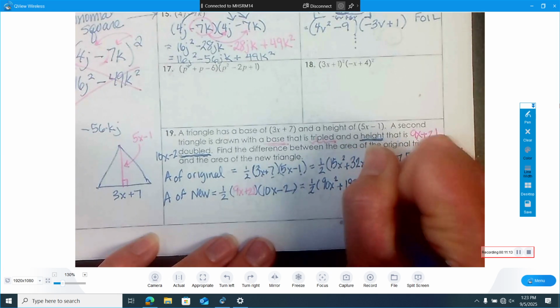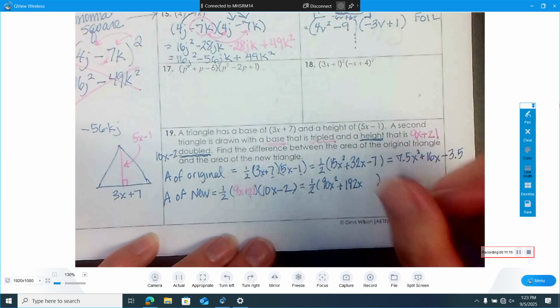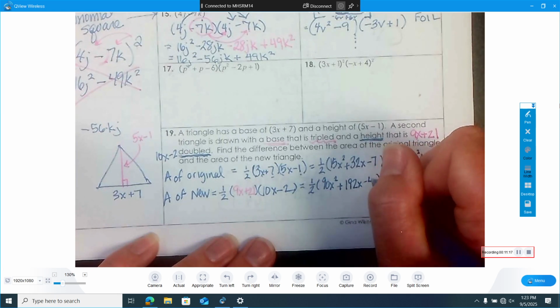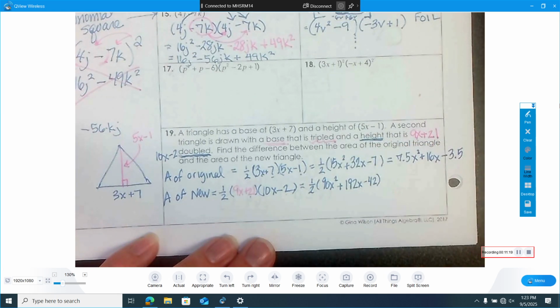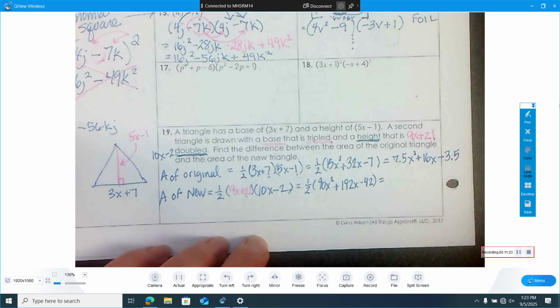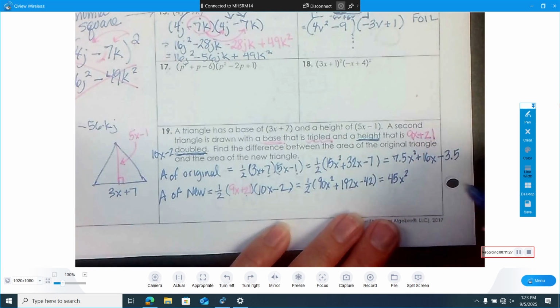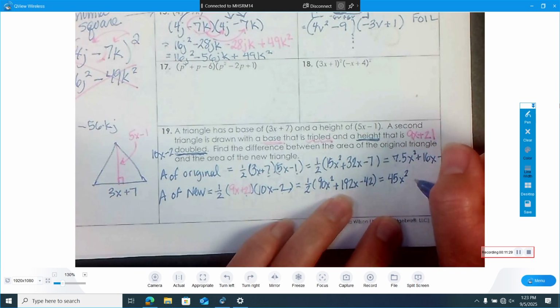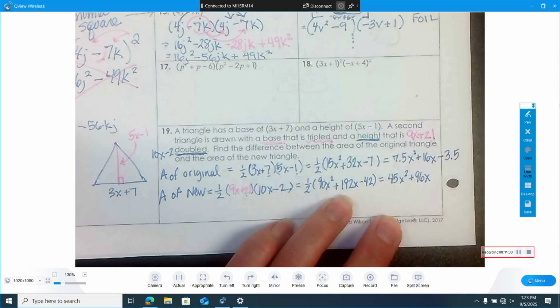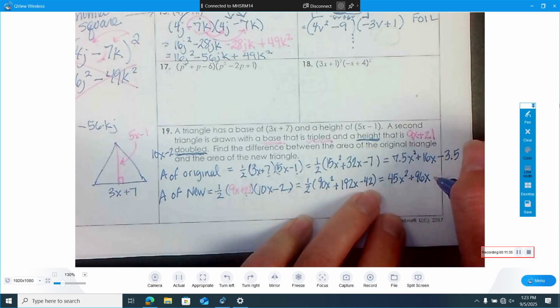And then 21 times -2 is -42. Crazy. All right. Half of 90 is 45 x's squared. Half of 192 is 96 x's. And half of 42 is 21.